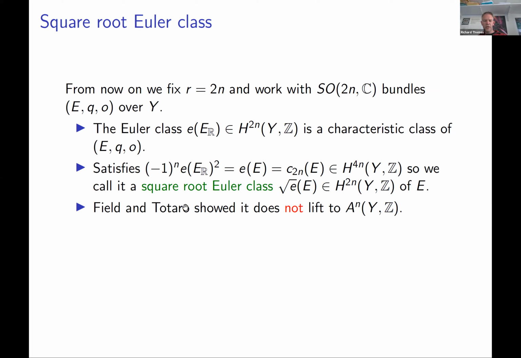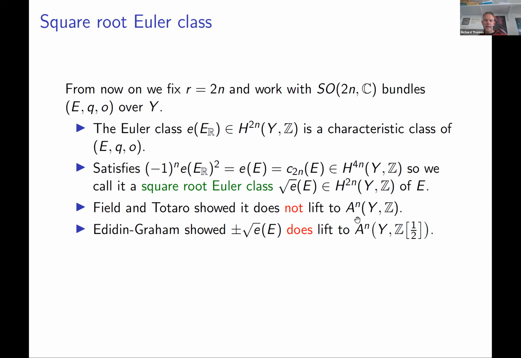Bert and his student Rebecca Field, I'm sorry, I've forgotten, showed that it does not lift to Chow with integer coefficients, but Edidin-Graham show it does lift once we invert 2. So you'll see the role of 2 later on.